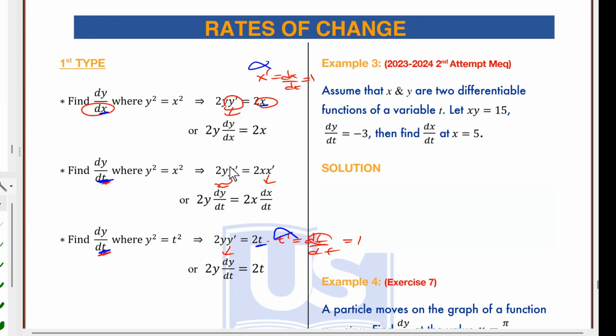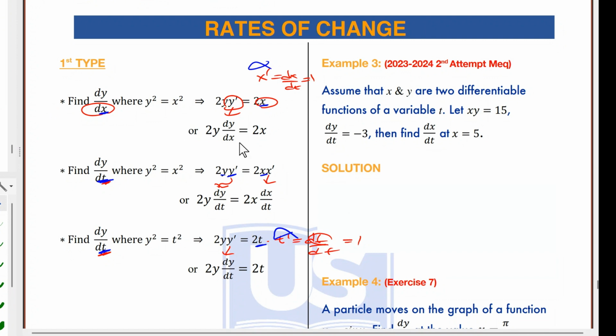In the function we have y, so we write y prime. In the function we have x, we write x prime. So these two, x and y, are different than the variable in the denominator, so we write their primes. If they are the same, we do not write it, because they give you 1.